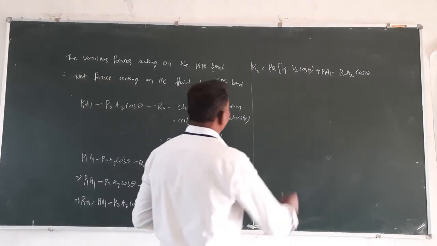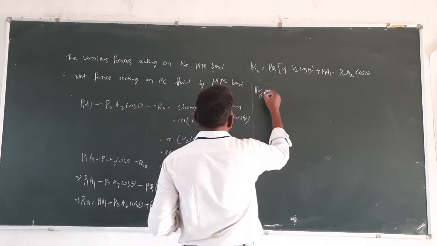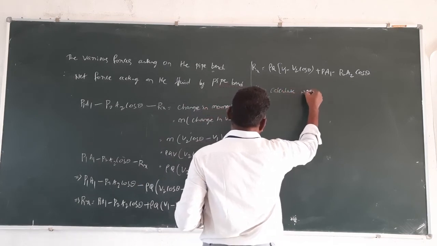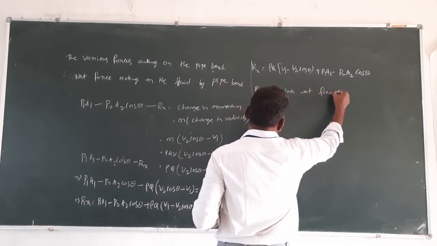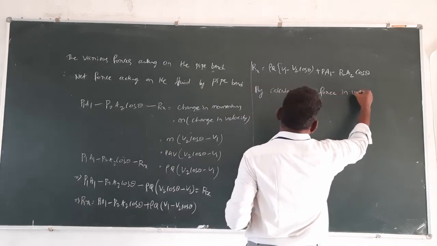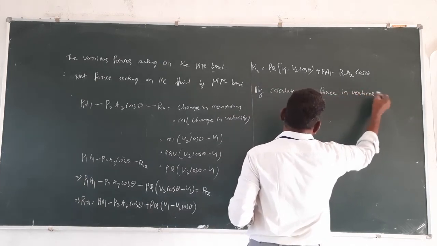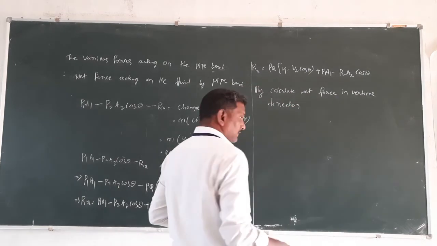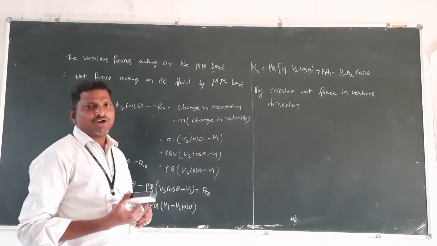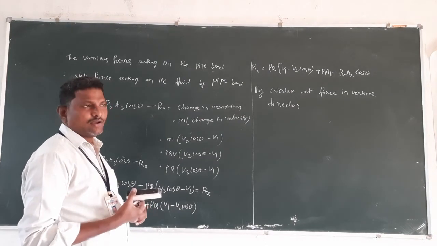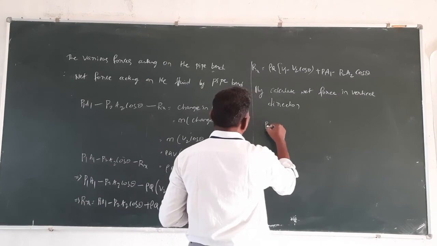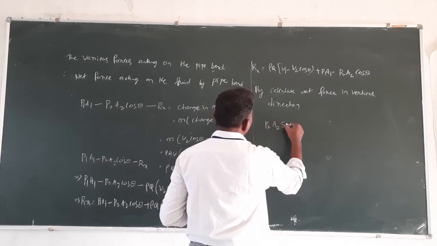Okay, similarly calculate the net force in the vertical direction. For the beginning, at section 1, there is no vertical component. Only at section 2 we have P2 A2 sin theta.